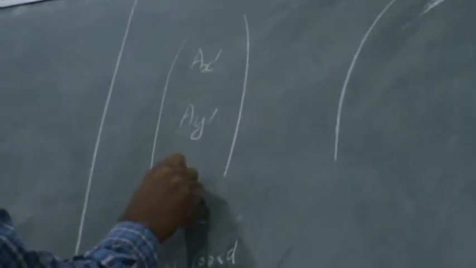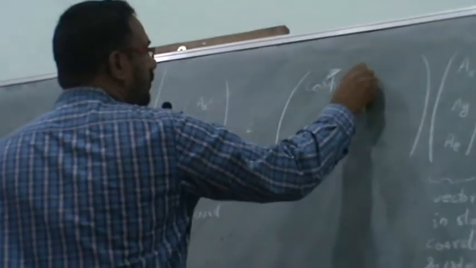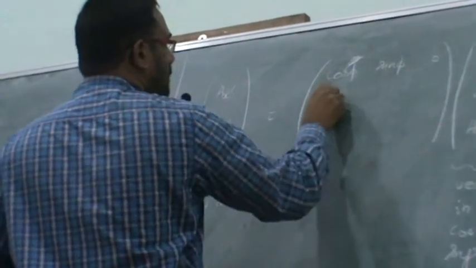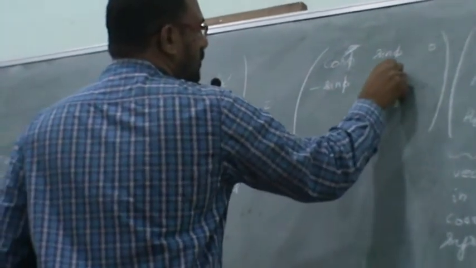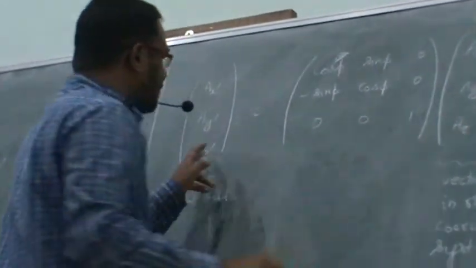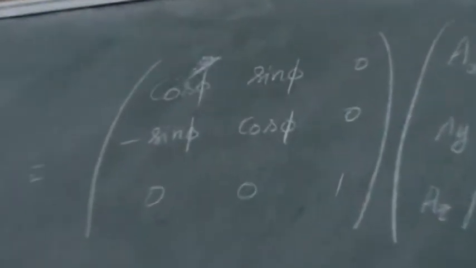This is ax, ay, az, and this is ax prime, ay prime, and az prime. So now what is the transformation matrix? Cos phi, sin phi, 0, minus sin phi, cos phi, 0, 0, 0, 1, because the z-axis is not rotated. Rotation about the z-axis, therefore you should write 1 here.